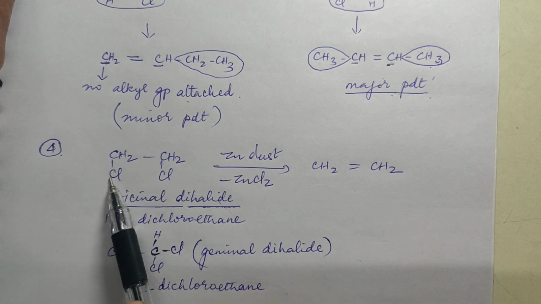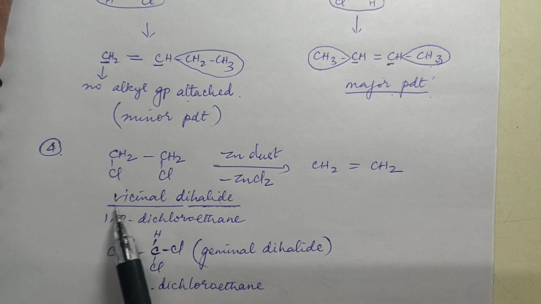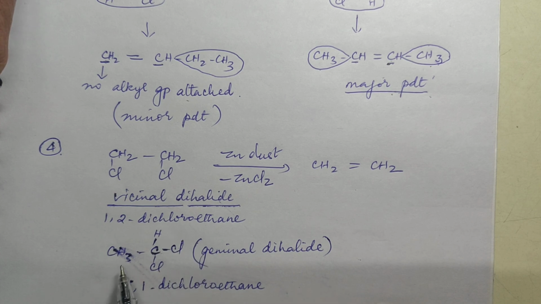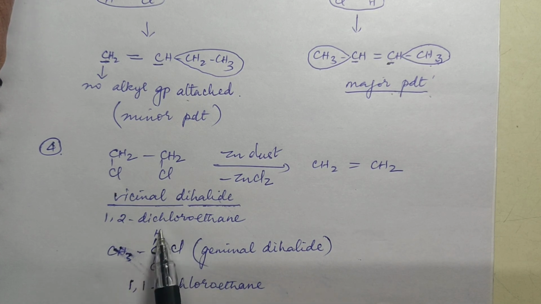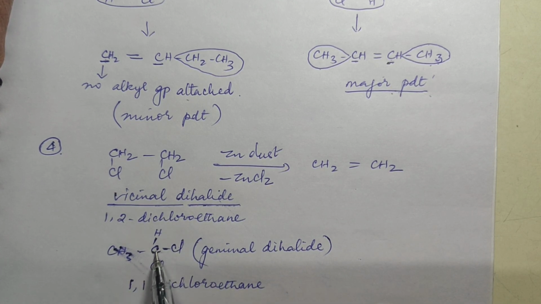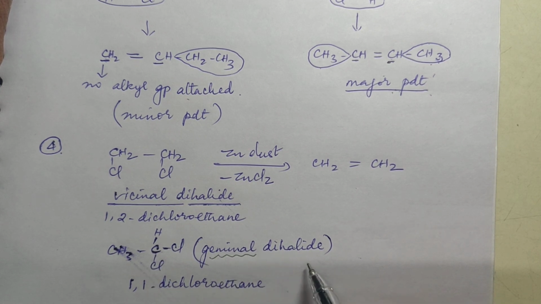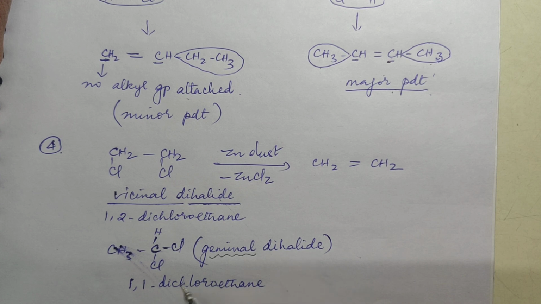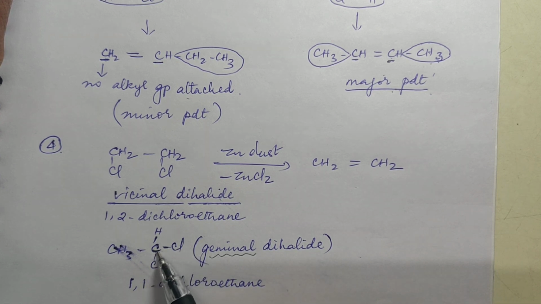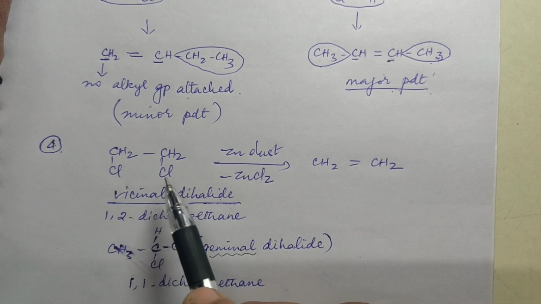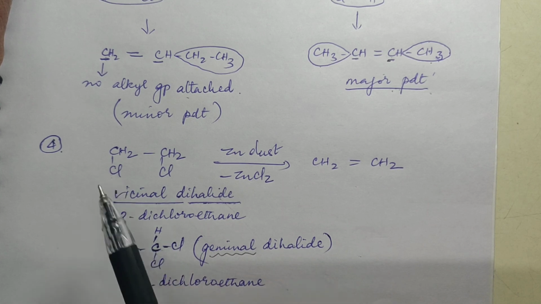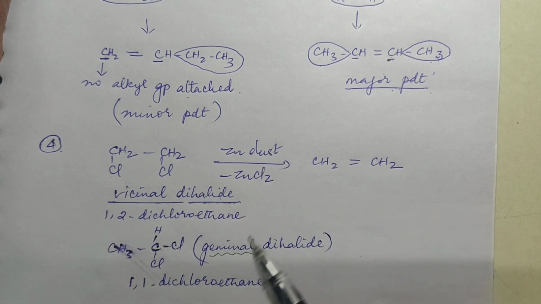At 2 different carbon atoms. That is vicinal. Now supposing you consider this one, CH3 CH, both the Cl attached to the same carbon. This is called geminal dihalide. So geminal means the 2 halogen atoms are attached to the same carbon. Vicinal means the 2 halogen atoms are attached to 2 different carbon atoms, right? So this is vicinal and this is geminal.